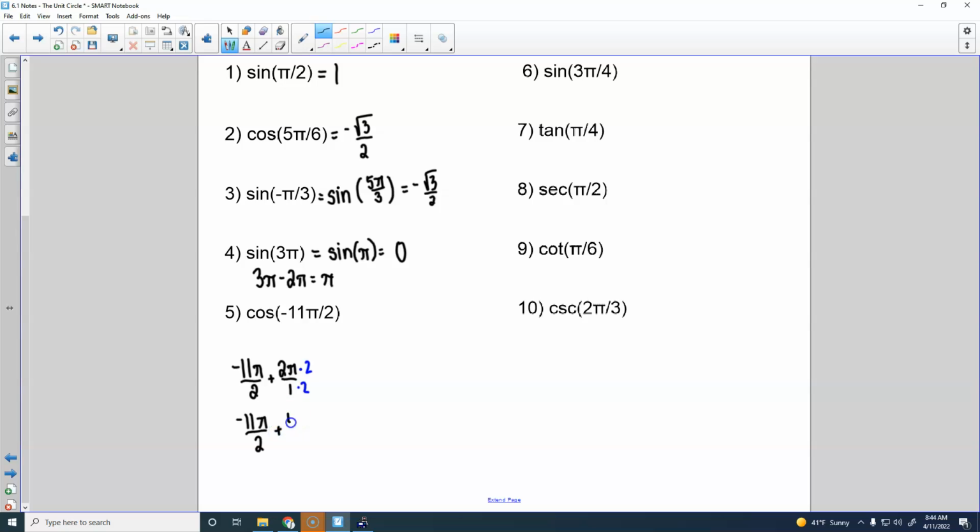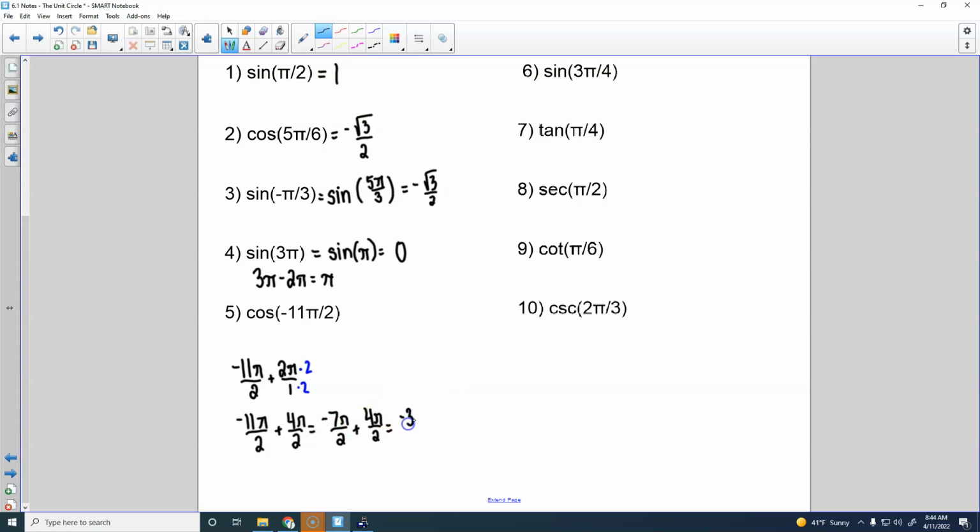So I would be really adding 4 pi over 2, which is 1 full rotation. So that would give you, if I do negative 11 plus 4, negative 7 pi over 2. Then you could add 4 pi over 2 again, because negative 7 pi over 2 is still not on the unit circle.